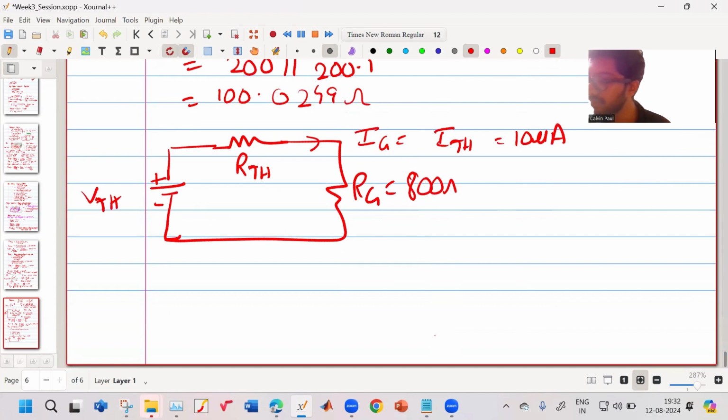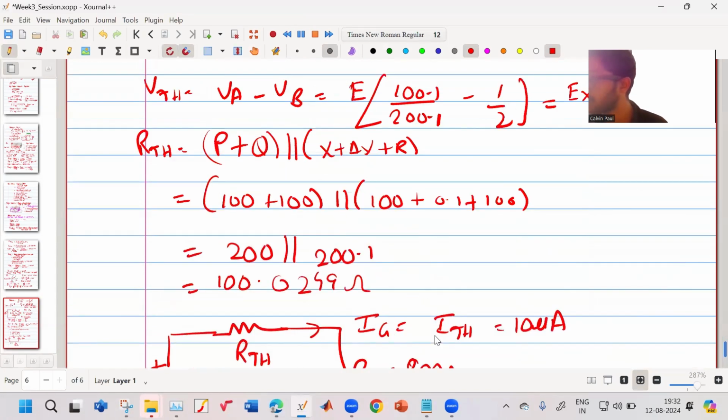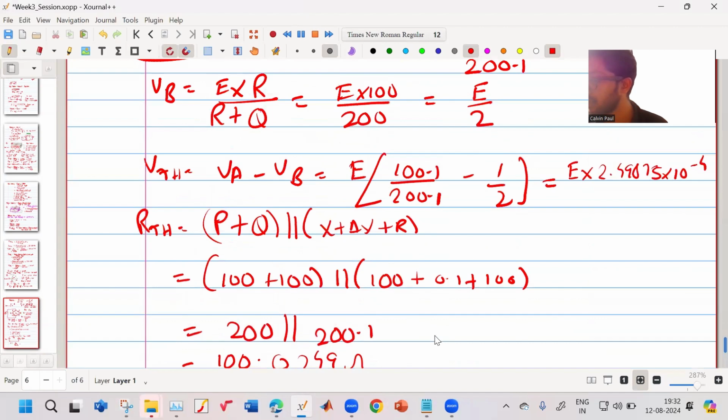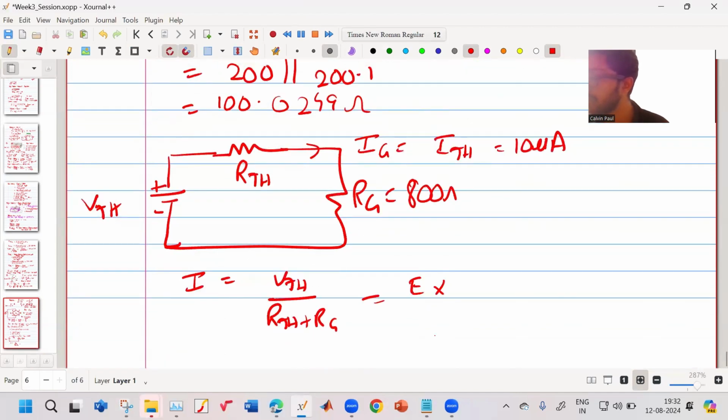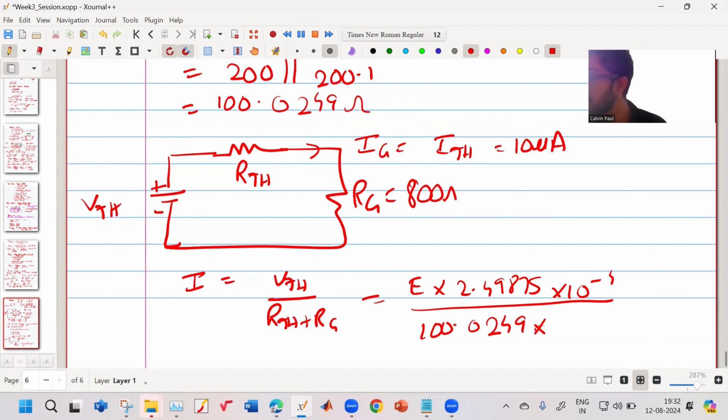So my I is actually VTH by RTH plus RG. That is E to 2.49875 into 10 to the power minus 4 divided by 100.0249 plus 800.